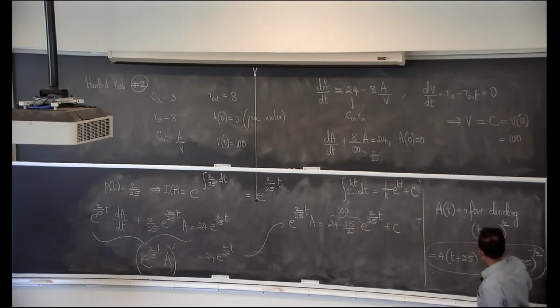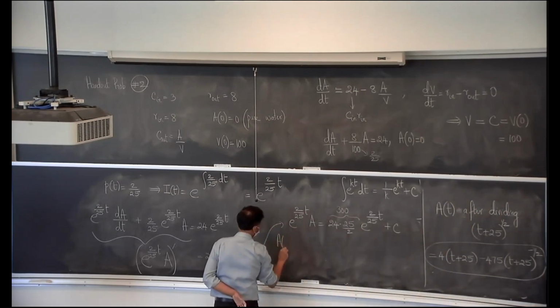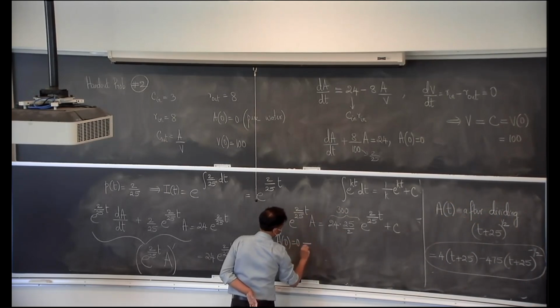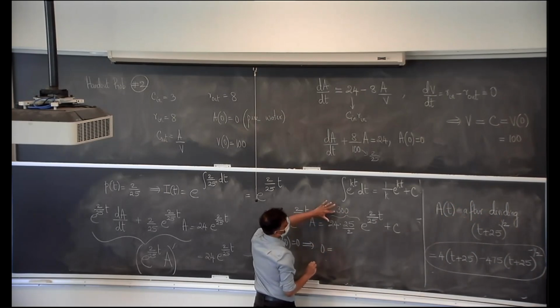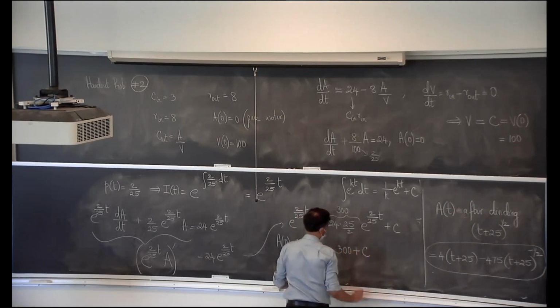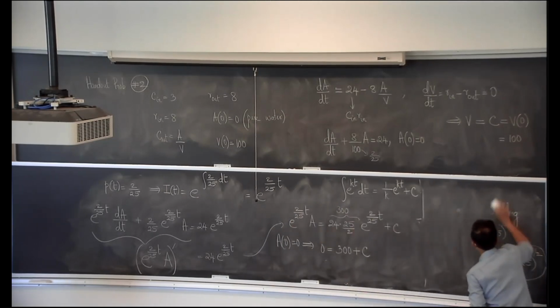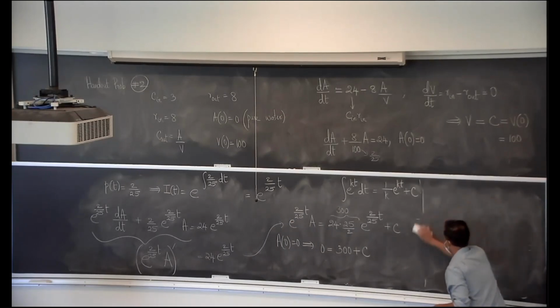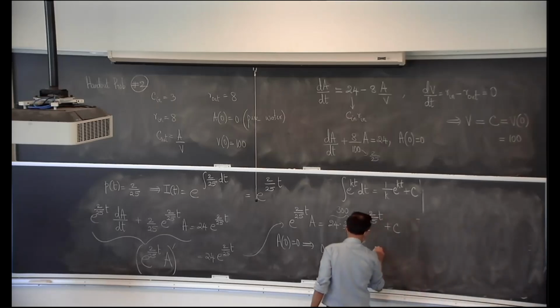Once again, don't forget that A of 0 was 0 because we had pure water in the tank. So we have 0 equal to 300 plus C. E to the power of 0 is 1, not 0. So C is negative 300.